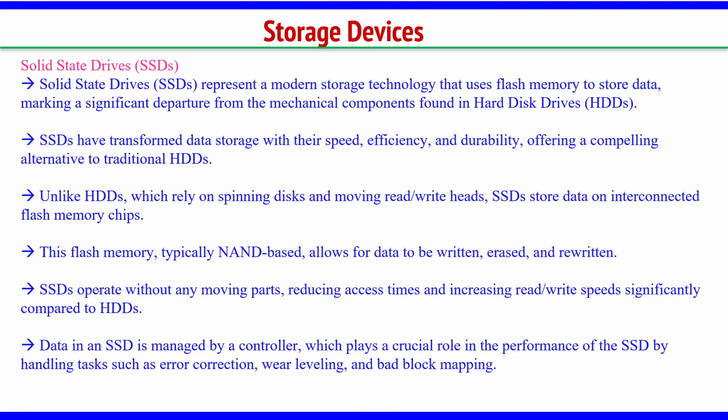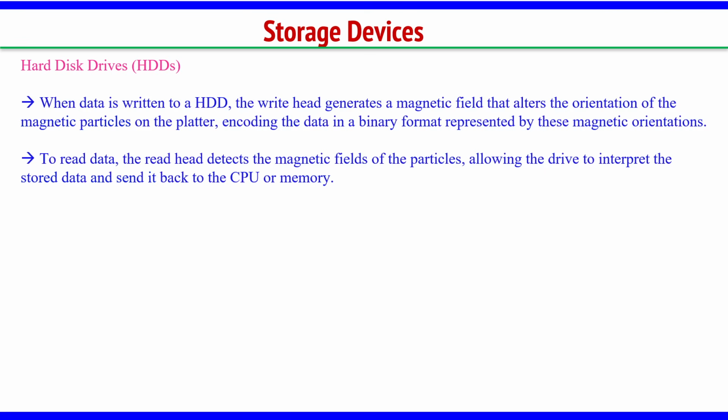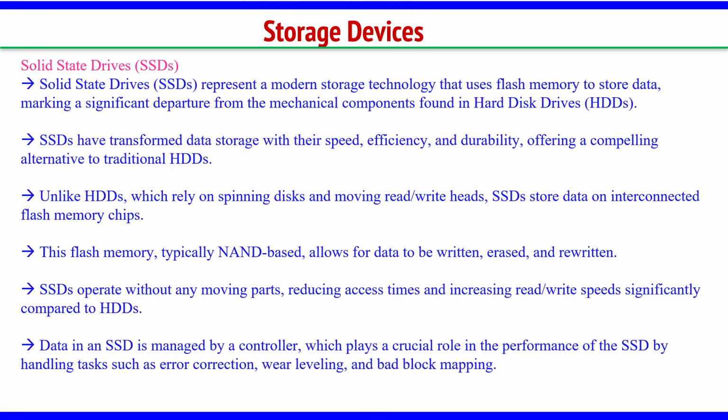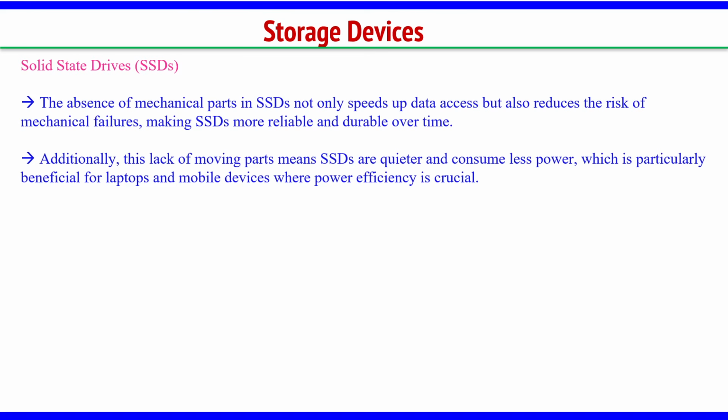SSDs operate without any moving parts, whereas in an HDD you see there are spinning platters and so many moving parts inside it. SSD does not have any moving parts, which reduces access times and increases read-write speeds. That is why it is very fast.